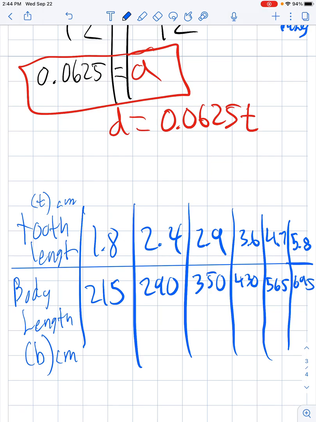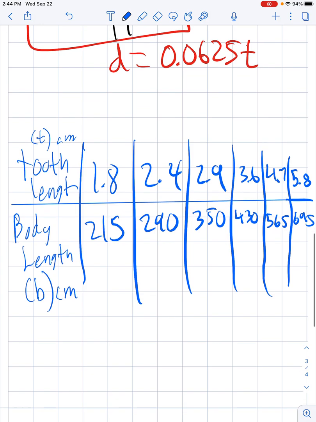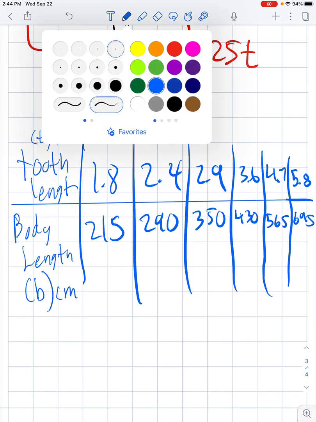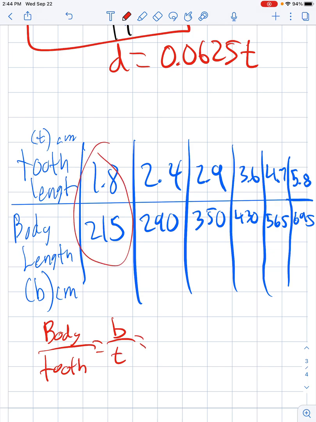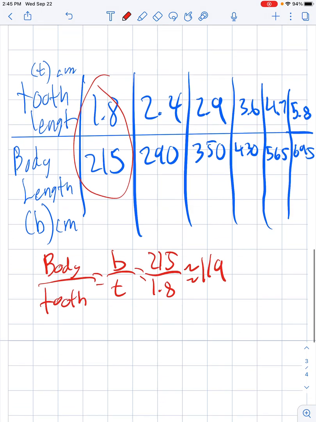So what I got to do is check the ratios. So again, I'm going to look at body length B to tooth length T. So my ratio is going to be body length over tooth length, also known as B over T. So let's take our first term right here, 215 over 1.8, and that's approximately 119.